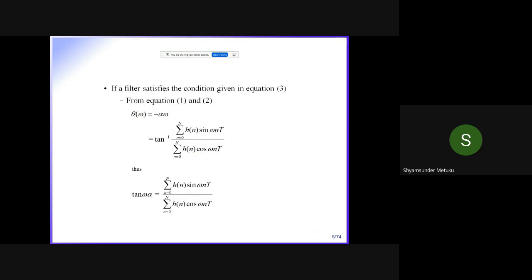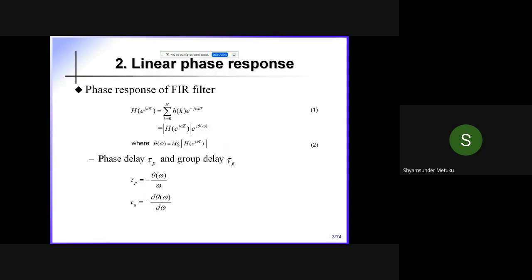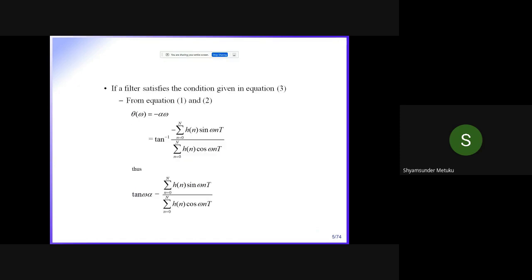So theta of omega can be written as minus alpha omega, which can be equated to tan inverse of minus summation n equal to 0 to N, h of n sin omega n T divided by h of n cos omega n T. The minus is there because we took e power minus in our expression, and instead of k we have replaced with n. Can we write this way? Is it clear? Yes, sir.